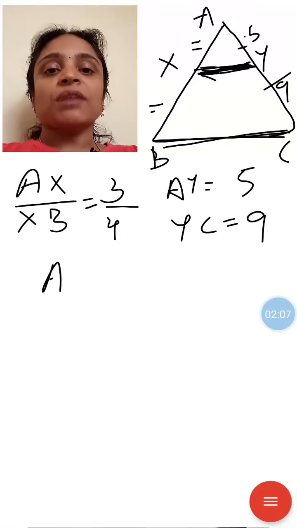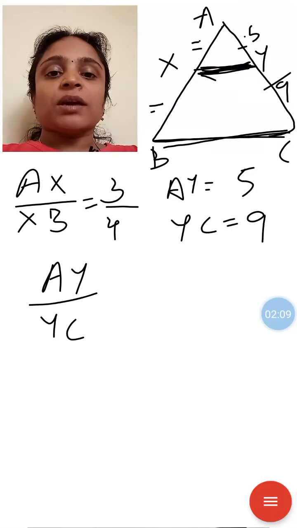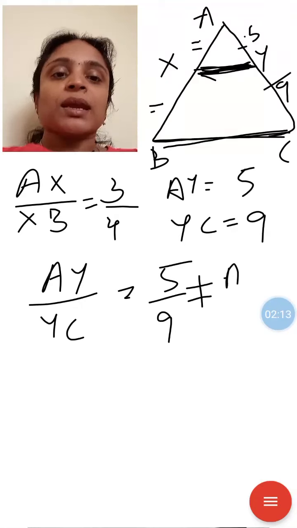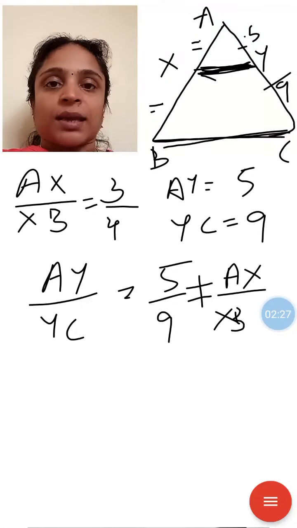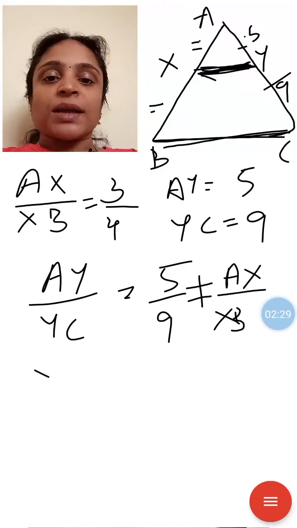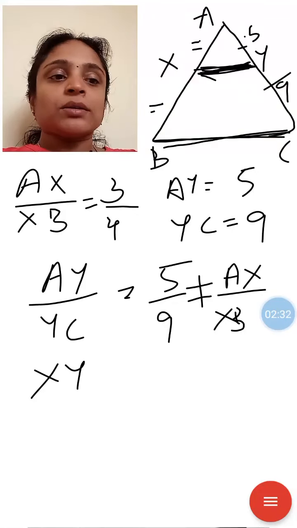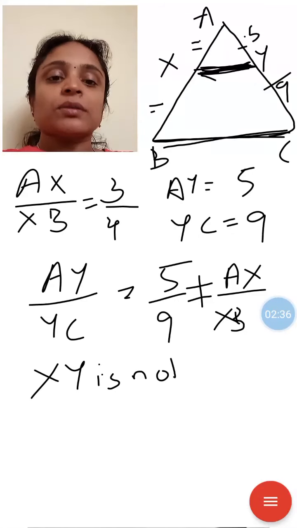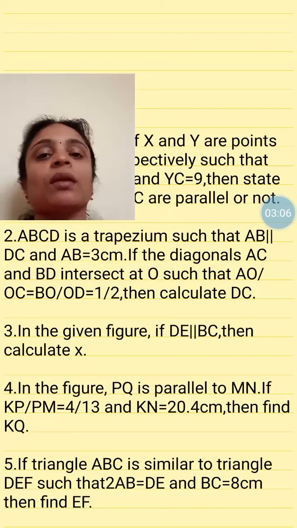What is AY by YC? AY by YC equal to 5 by 9, which is not equal to AX by XB. Hence, XY is not parallel to BC.